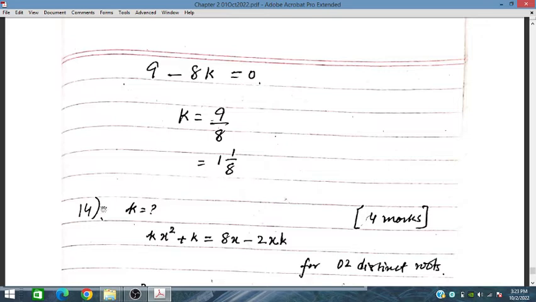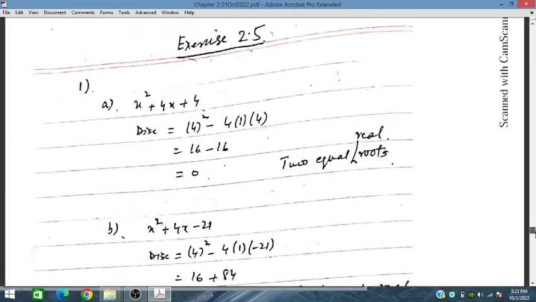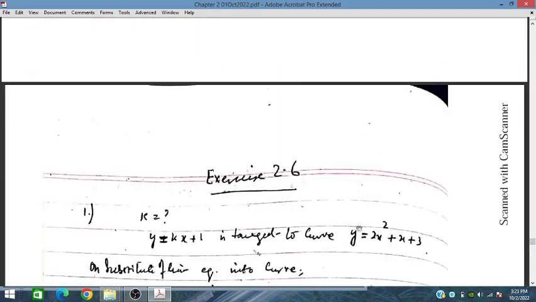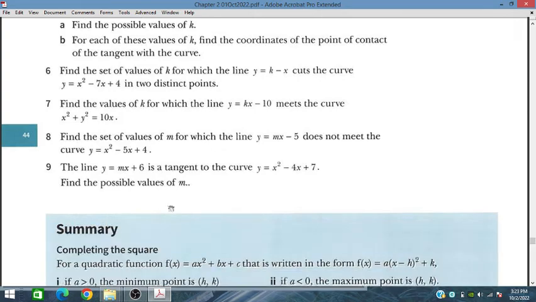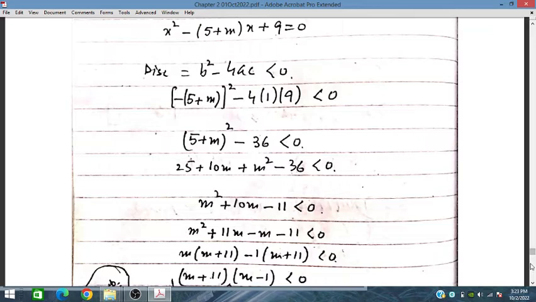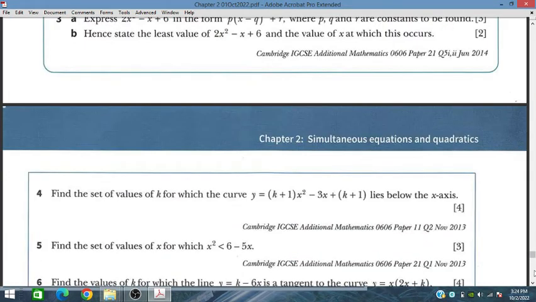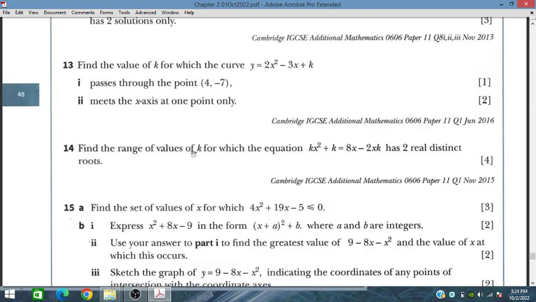So part 14, find the range of values of k for which this equation has two real distinct roots.